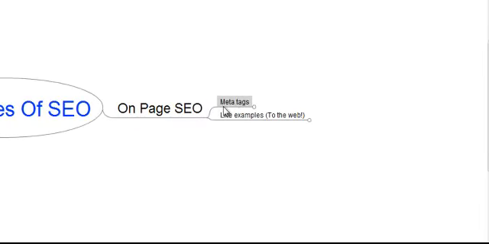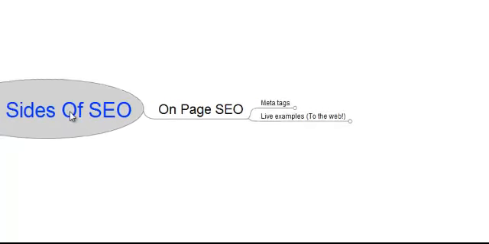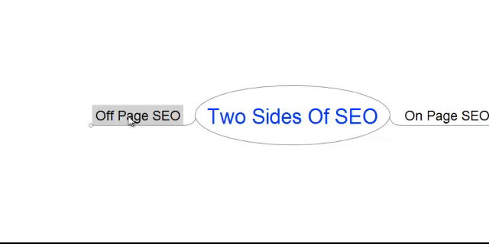And then after we get done with that, I'm going to take you out and show you an example on the World Wide Web of what meta tags look like on a website and what their functionality is. And then after that, we're going to jump over here to off-page SEO, and we're going to get into what makes up off-page SEO. And again, these are two very easy to understand premises when it is explained to you properly.